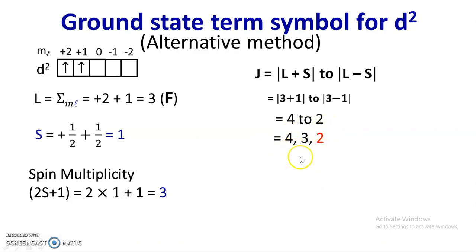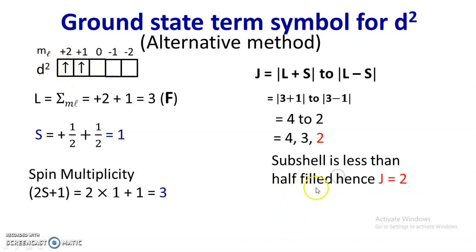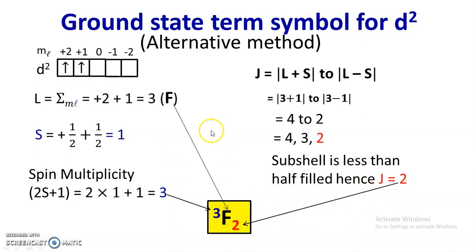Out of these 3 J values, the allowed value is 2 because the subshell is less than half filled. 2 electrons are there, so as the subshell is less than half filled, J is equal to 2, and therefore the ground state term symbol is 3F2. Here 3 is the multiplicity, and 2 is the J value. This is the alternate method to find the ground state term symbol for the d2 configuration. So in this way, we completed the determination of the ground state term symbol for the d2 configuration.